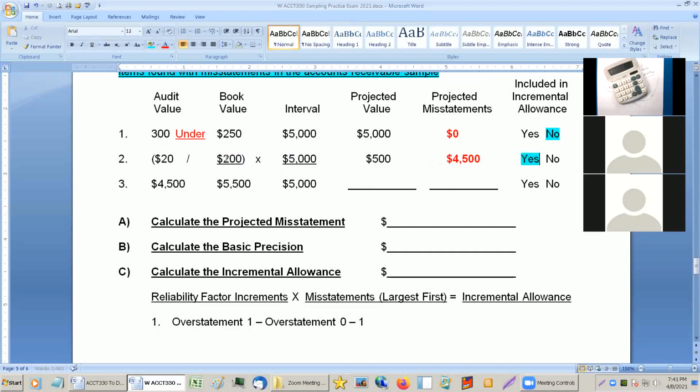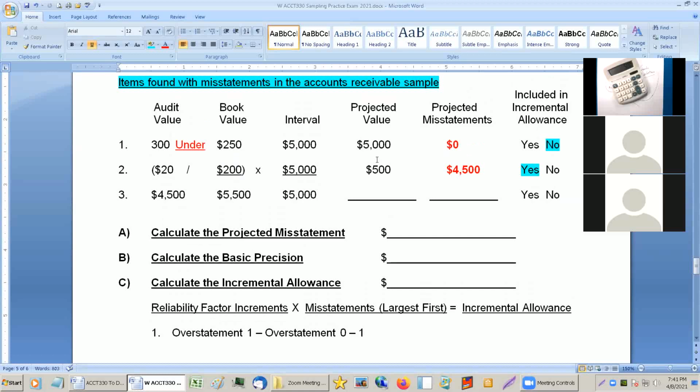Because there's a possibility in that interval that there could be more things that are wrong.